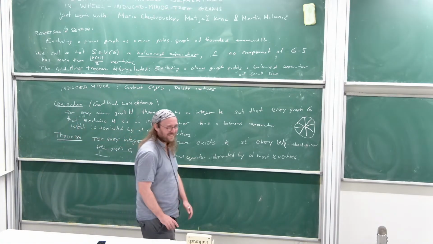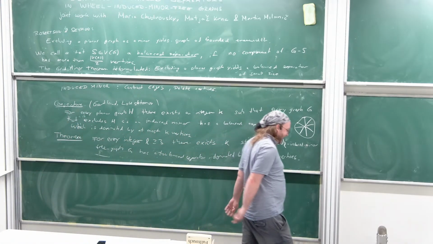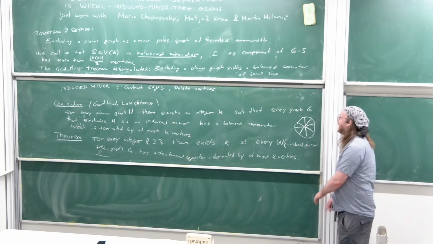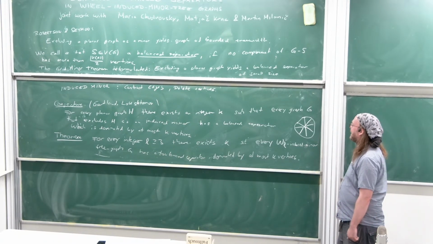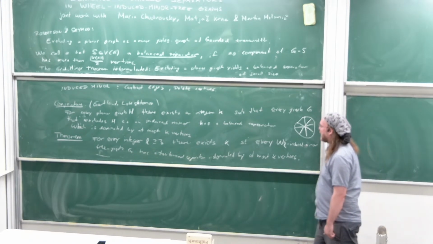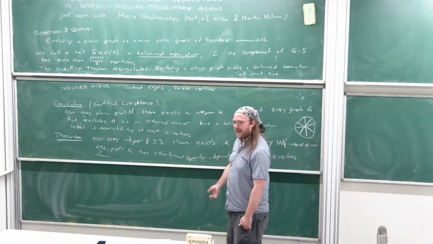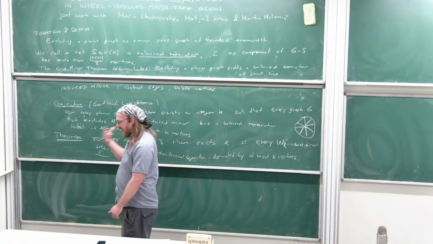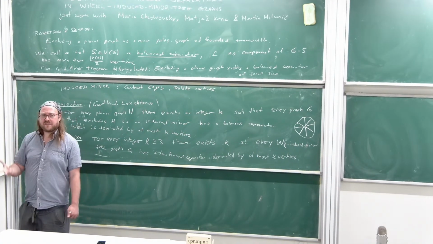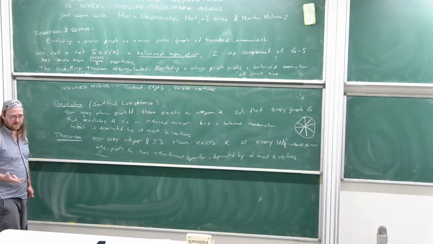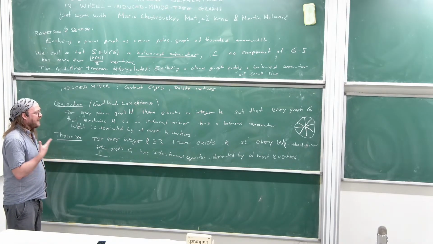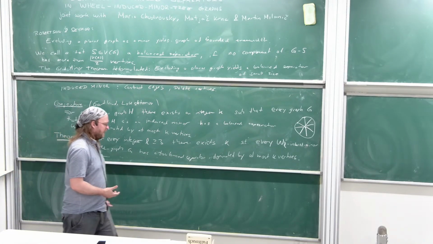Kenny Fruger? Kenny, yes, thank you, I forgot Kenny. And they conjectured that excluding a planar graph as an induced minor and forbidding a star as an induced subgraph should be enough to bound the tree independence number.